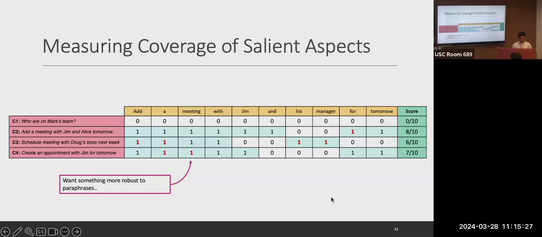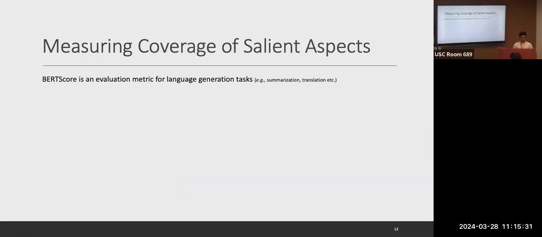Okay, so now what is such a metric? The metric that we choose in this work is BERTScore. It was proposed originally as an evaluation metric for language generation tasks like summarization, translation, etc. The way it works is that suppose you want to check whether the candidate has the same information as the reference.